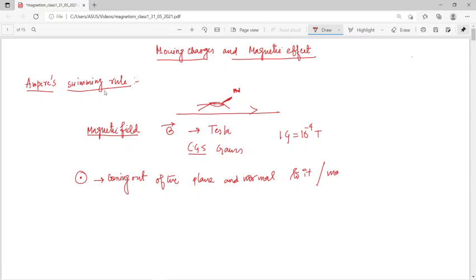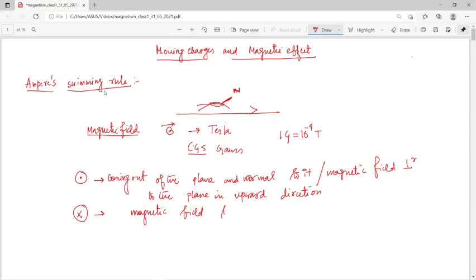In other words, it is a magnetic field perpendicular to the plane in the upward direction. On the other hand, there is another notation for a magnetic field to the plane in the downward direction. So those are the similar representations.